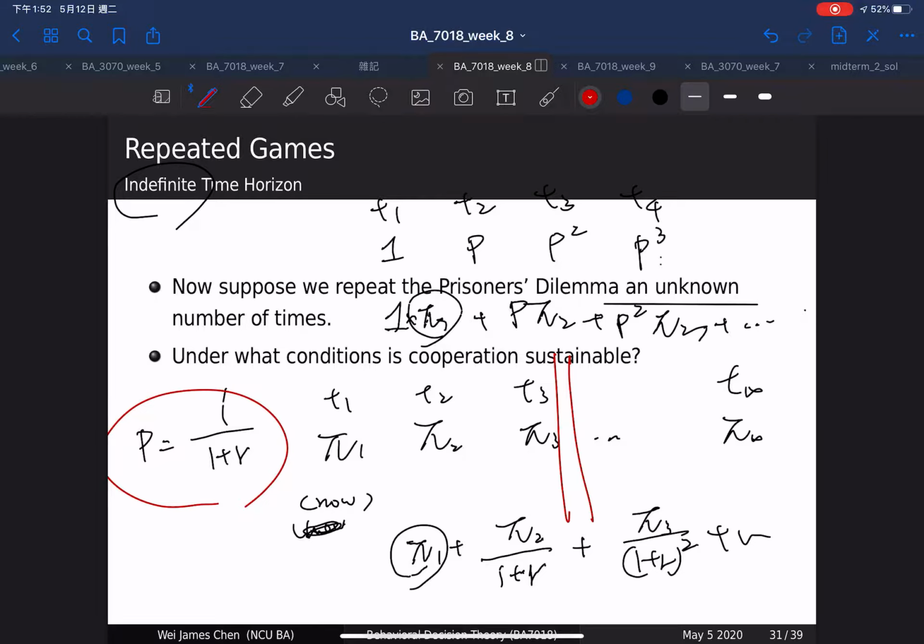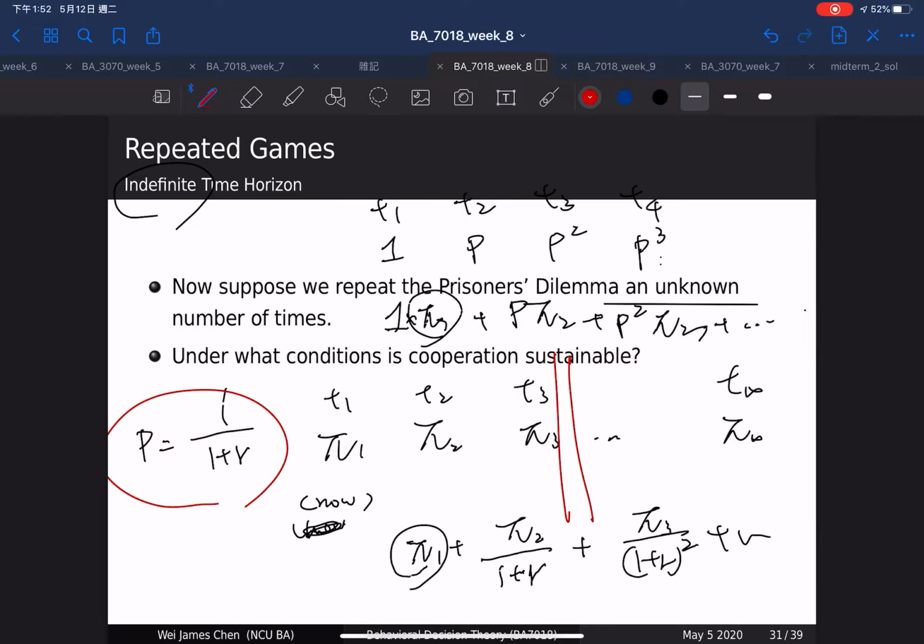So either you can think of it as if they are playing the same game infinitely many rounds, or you can think of it as I play this round, and then I have a probability p of playing the next round, and then probability p of playing the next round, and so on. It's equivalent in a way. In the lab, when we run the experiment, you cannot tell your subjects that you two will play infinitely many rounds, for obvious reasons, right?